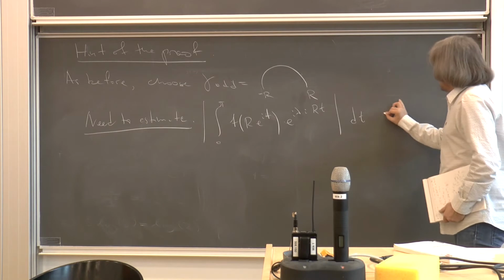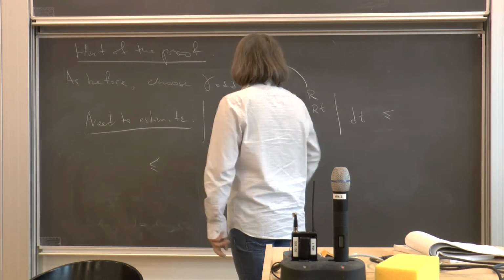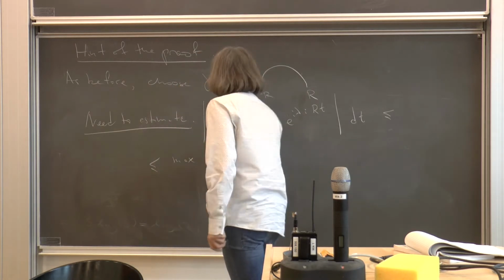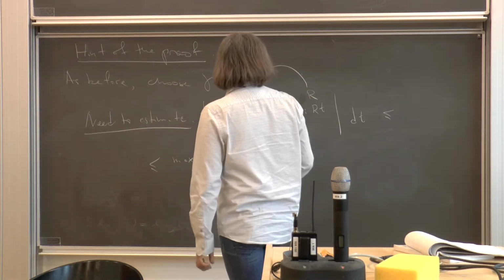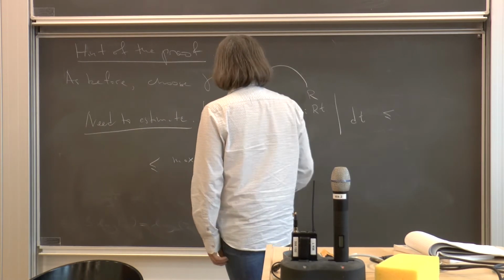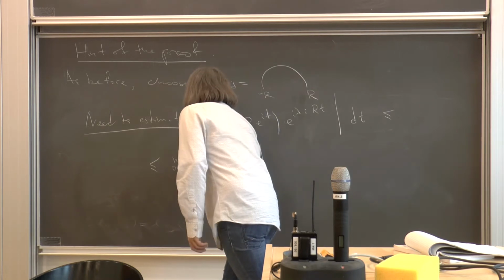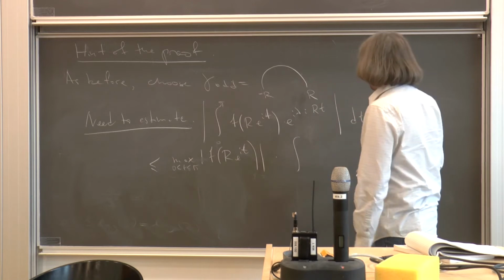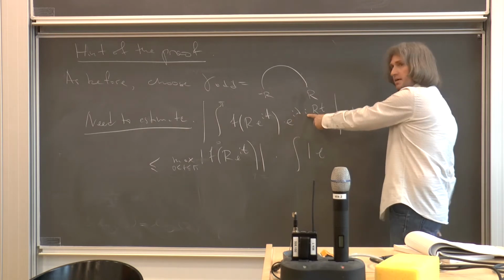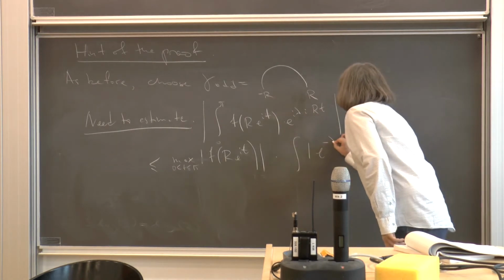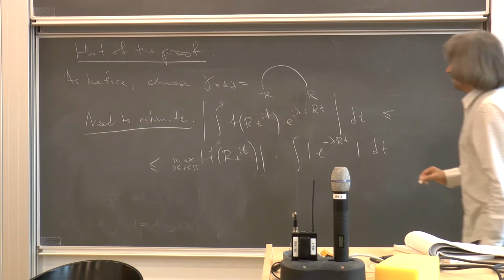So then this is less or equal than this maximum on this times the integral of, and now we see that the sign of lambda was important because I times I gives us minus 1, again from 0 to pi.